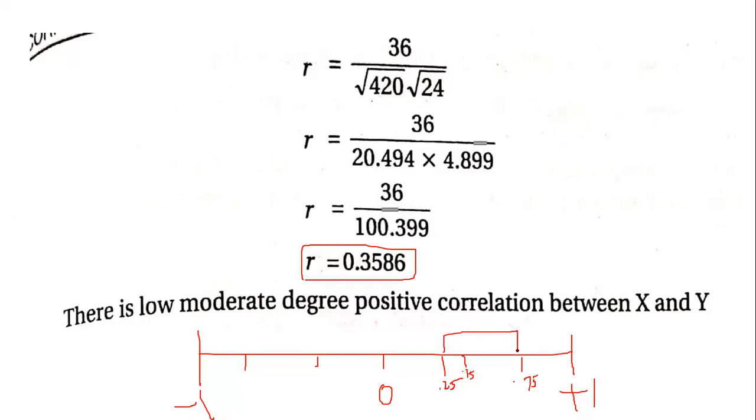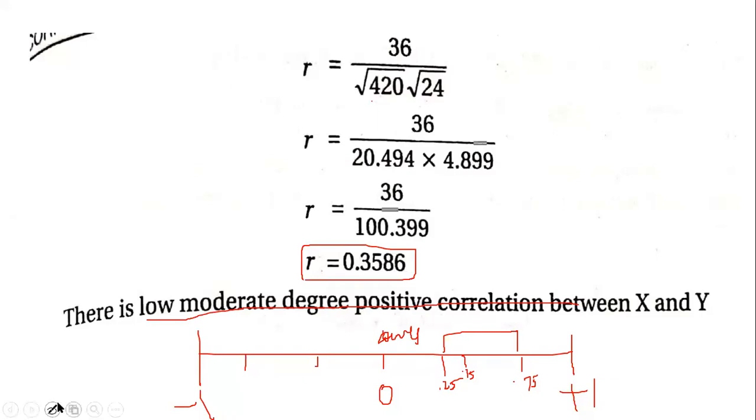Which just means that the values are ranging between 0.25 and 0.75. Moreover, it is on the lower side of the timeline, so you can say it is a low moderate degree positive correlation.